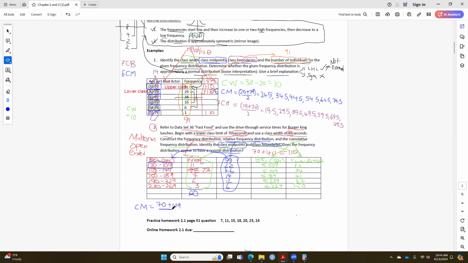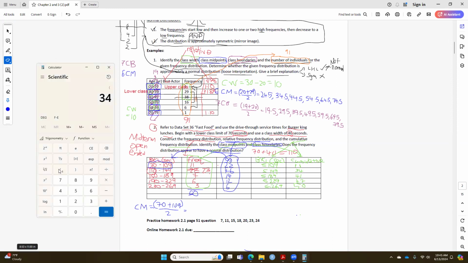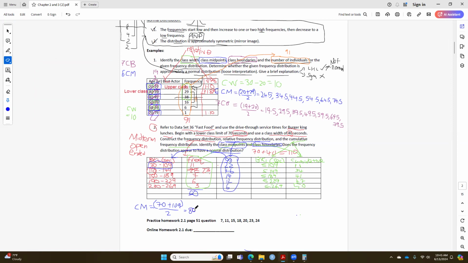I told you yesterday how to do this in your calculator. Make sure you put a parenthesis around it, otherwise you get it wrong in your calculator. Parenthesis 70 plus 109, close your parenthesis, divided by 2. So you will get 89.5.